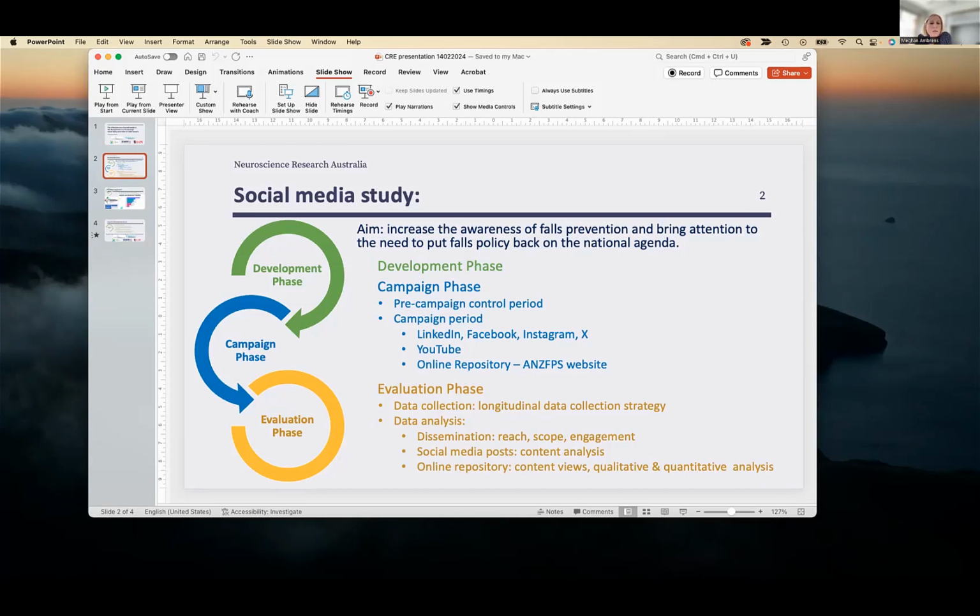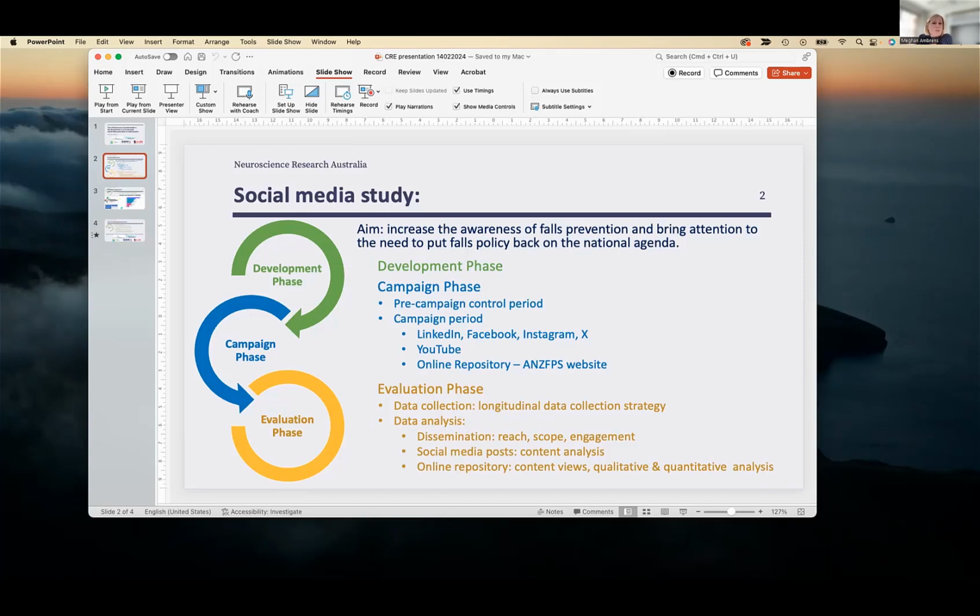We'll also include in the campaign the launch of a YouTube video and the go-live of an online repository, which will include a story page where viewers can view stories of people's personal experiences with falls and engage with us through an online survey. Then there will be an evaluation phase.